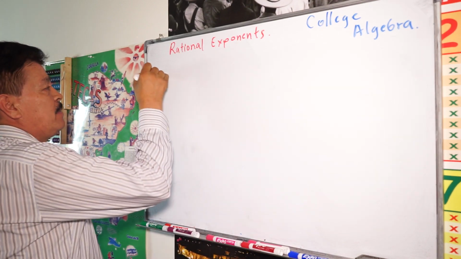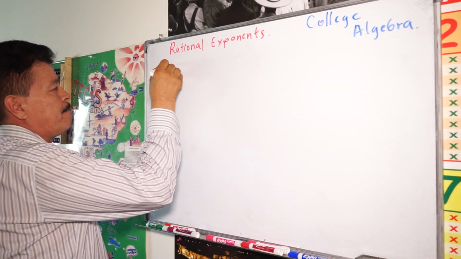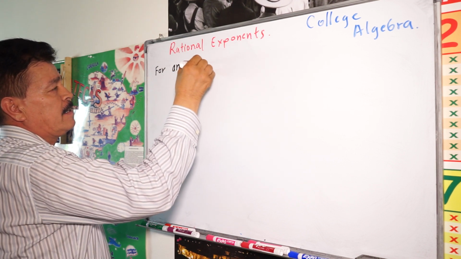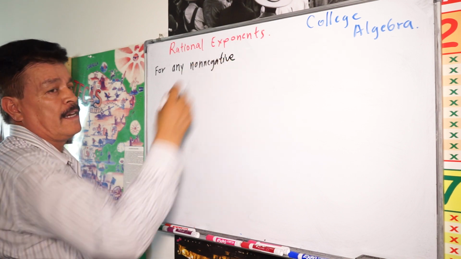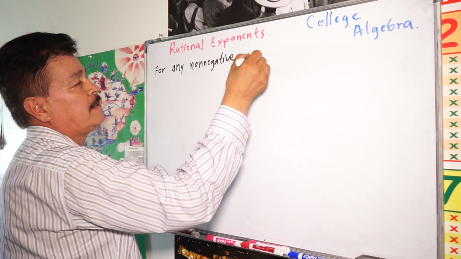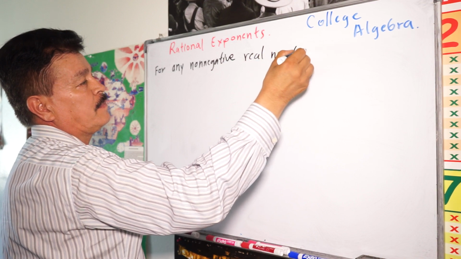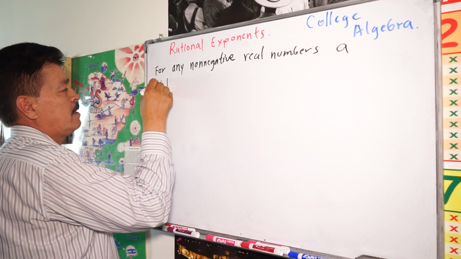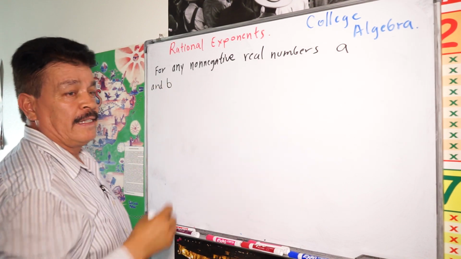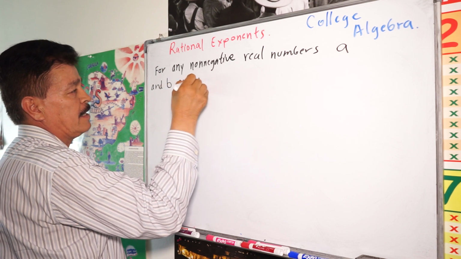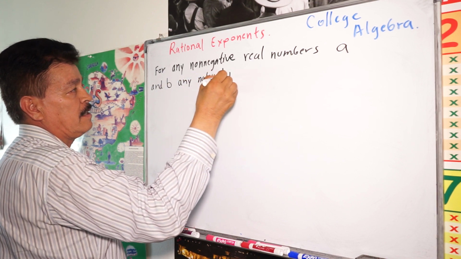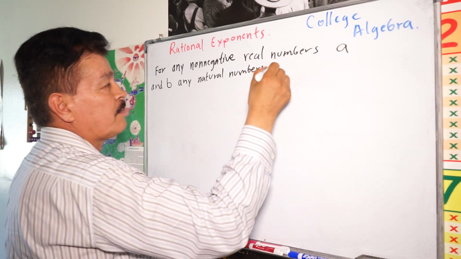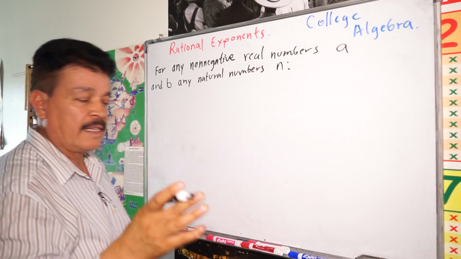For any non-negative real numbers A and B, and any natural number, we have these kinds of rules.